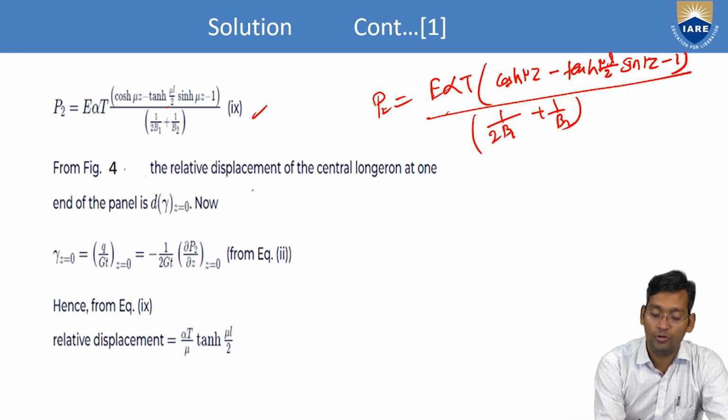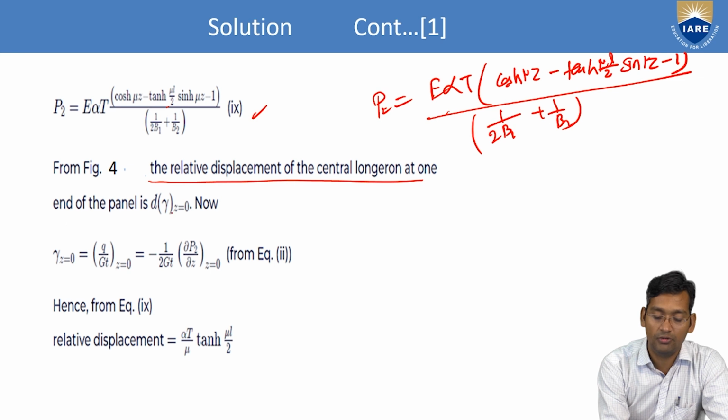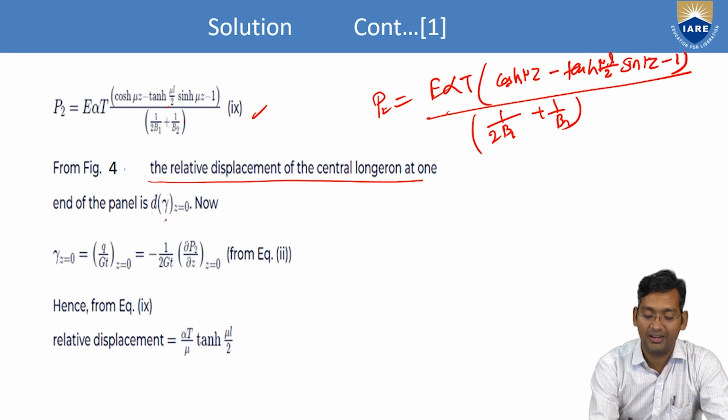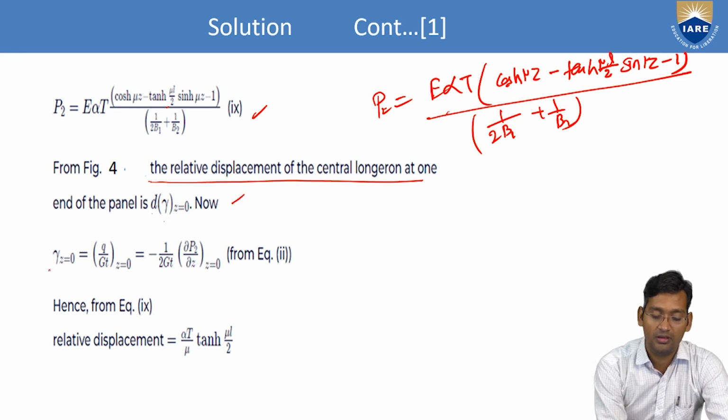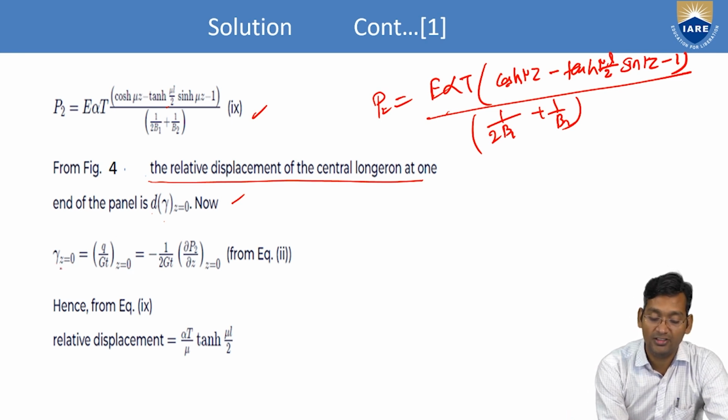Now from figure 4, the relative displacement of the central longeron at the end of the panel, d of gamma z, is equal to 0. Hence gamma at z equals 0 is q by gt at z equals 0, as we already substituted gamma is q by gt.